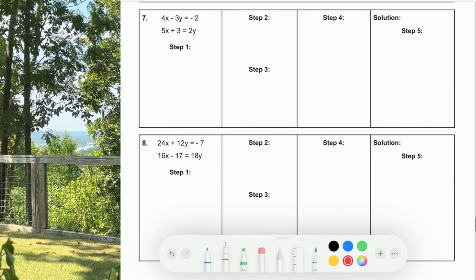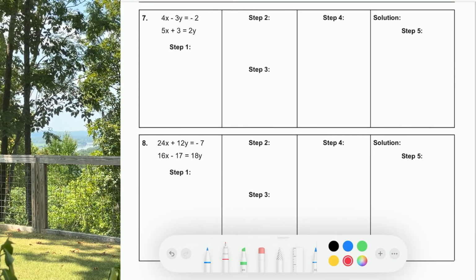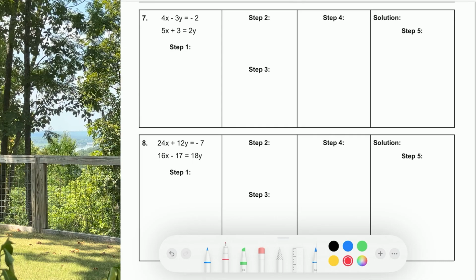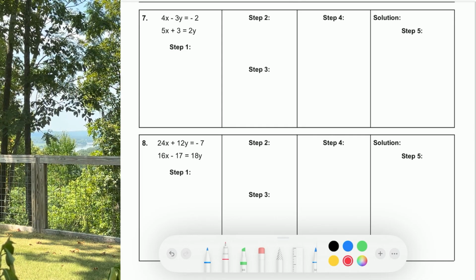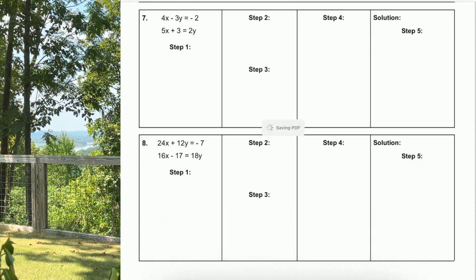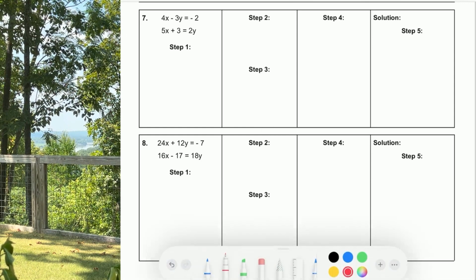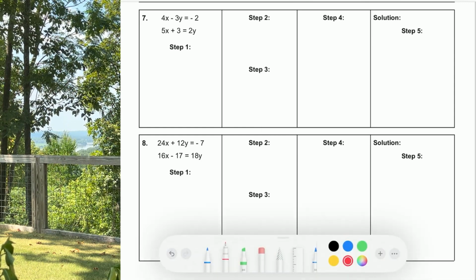Number 7. 4x minus 3y equals negative 2. 5x plus 3 equals 2y. All right, so remember step 1 is to make sure that they're both in the ax plus by equals c form. I noticed that the second equation is not in that format, so I need to adjust the 5x plus 3 equals 2y into standard form. So I'm going to write it right here.